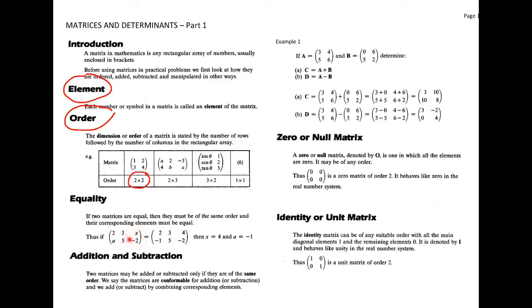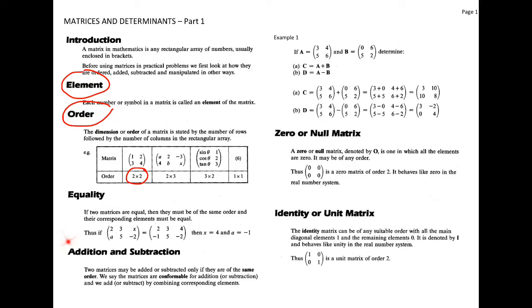Then the x here must equal 4, and the a here must equal minus 2. So the element in this position will be equal to the element in the same position of the other matrix. Then in this case, x has to equal 4, and a has to equal minus 2.